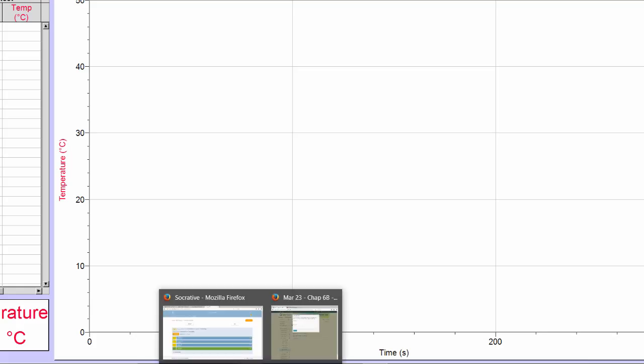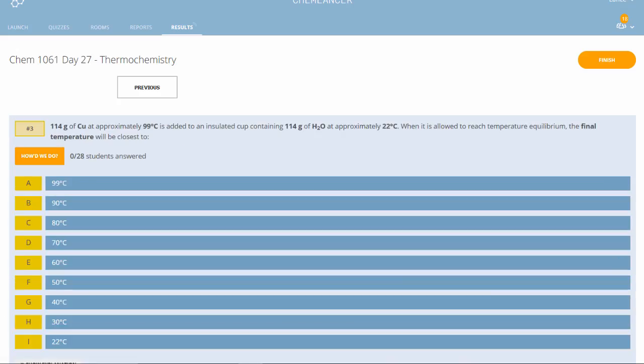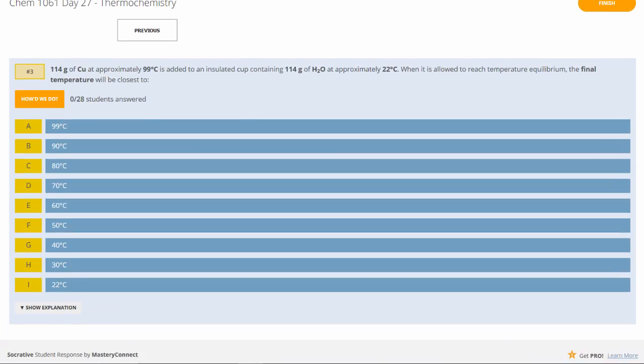So this is now your chance to make a prediction. And again, my values here were approximated because I didn't know what we'd actually measure. So we're taking 114 grams of copper at approximately 99 degrees Celsius. We're adding it to an insulated cup containing 114 grams of water at approximately 22 degrees Celsius. When it is allowed to reach temperature equilibrium, what do you think that final temperature will be?